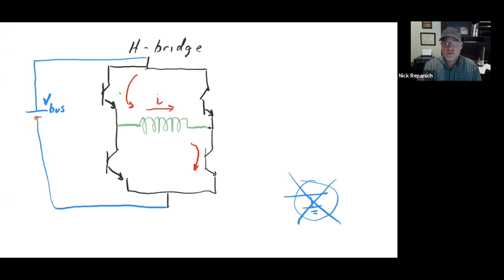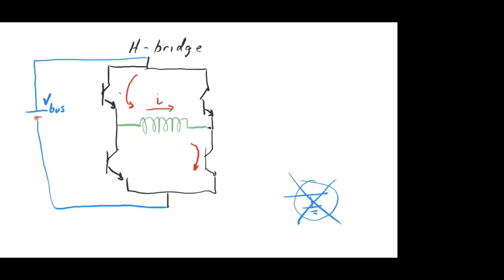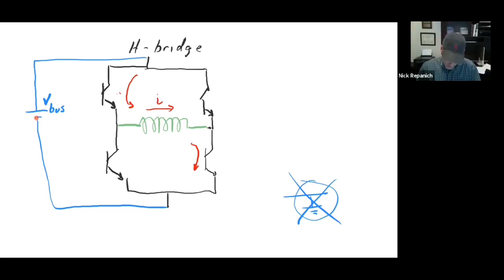What else do you want to do, even in your extruder? You want the motor to go backwards, right? So if you're going to make a motor go backwards, you need the ability to turn on and off transistors. So if you want it to go the other way, I'll just draw it the other way.